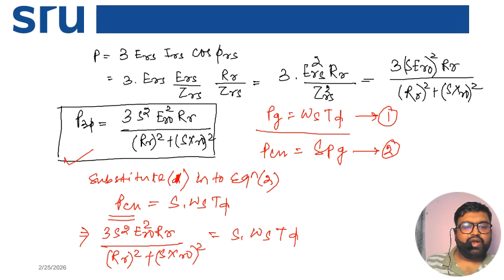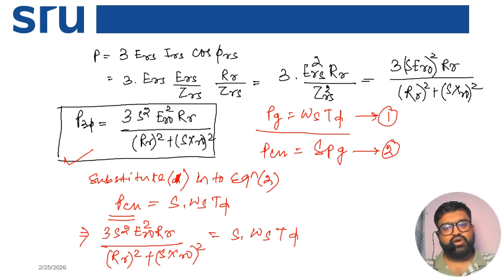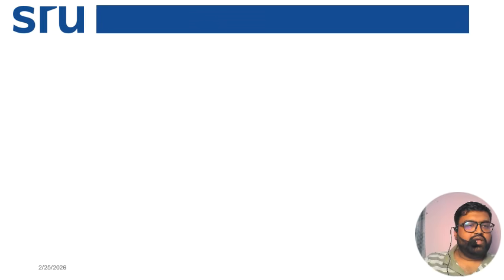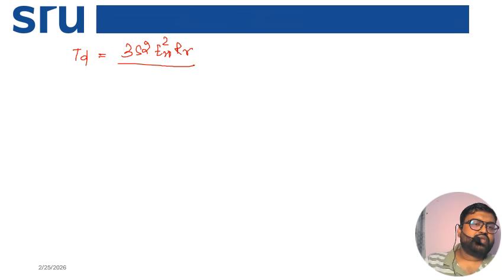But what we required? We required this Td. Then we have to divide this one with these respective equations. Then the next step, Td is nothing but 3 into S square ER0 square RR divided by S into omega S, into RR square plus S into XR0 square.